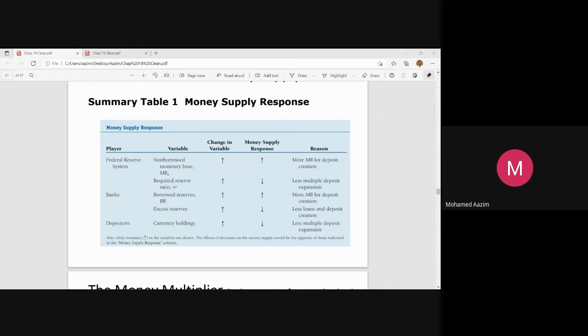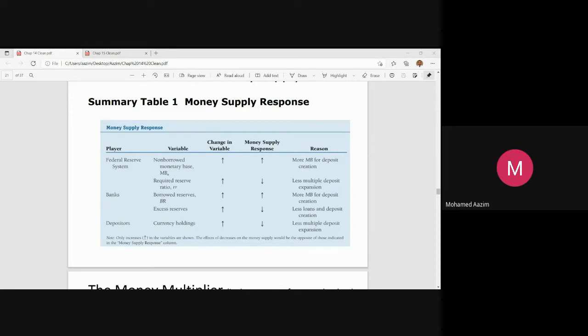Similarly, an increase in excess reserves also would have a decreasing influence. And also, if you keep more currency in your wallets, or take currency out of your deposits, that means withdrawing from your deposits, that also would contribute to decreasing the money supply creation, right?